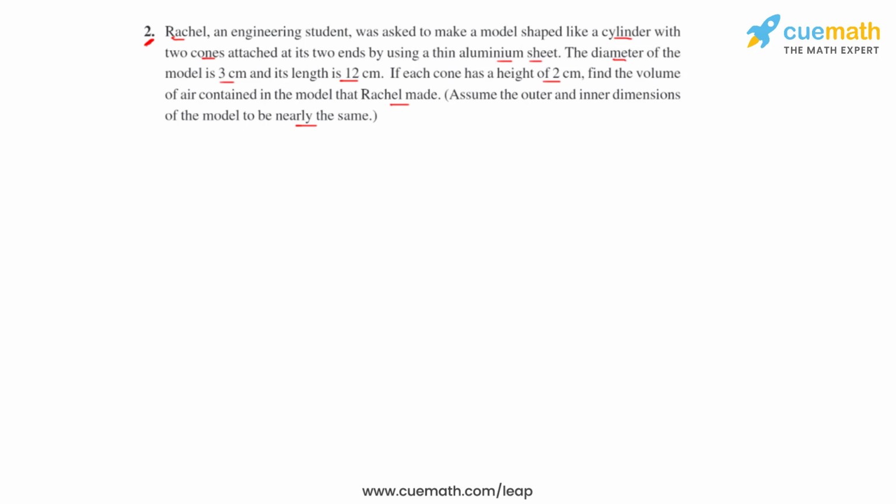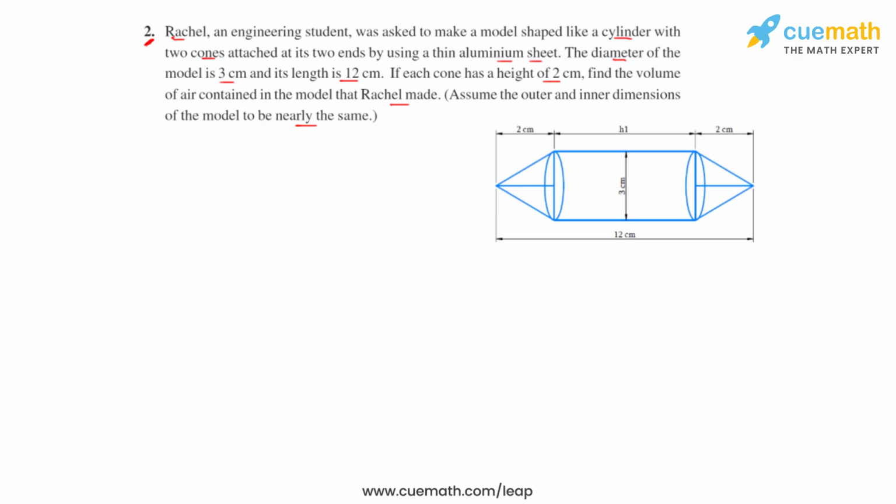So again, as we do in all the questions of surface areas and volumes, we'll first visualize the model, and this is how the model will look. We have a cylinder at the center, and at its two ends we have attached two cones. The total length of the model is 12 centimeters and the height of each of the cones is 2 centimeters.